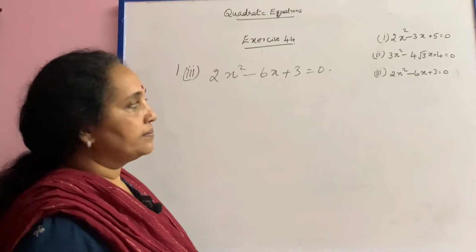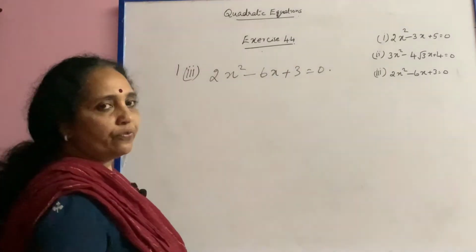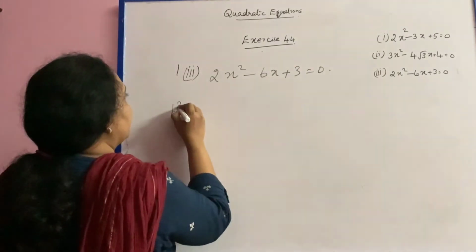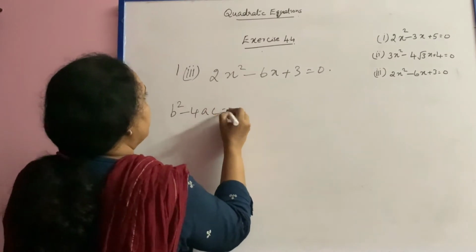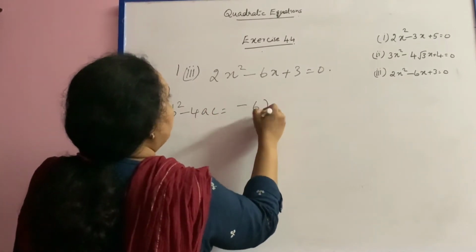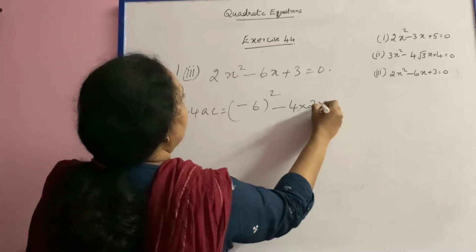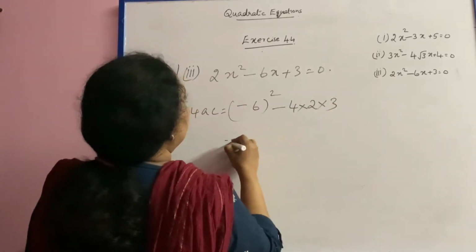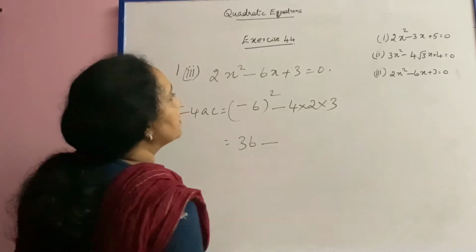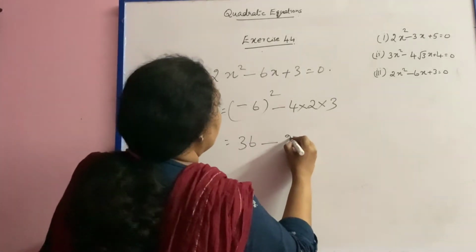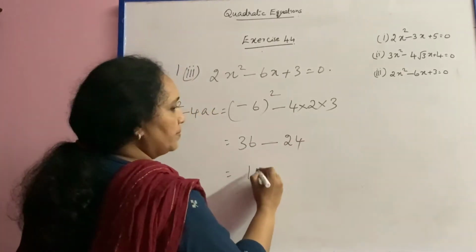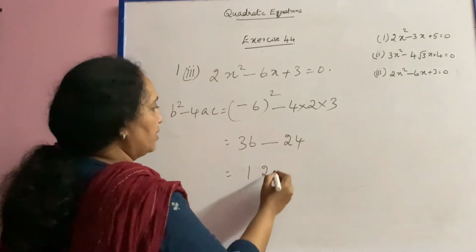Question number 3. Here also find b square minus 4ac. b is minus 6, 4 into a into c. That is equal to 36 minus 12.